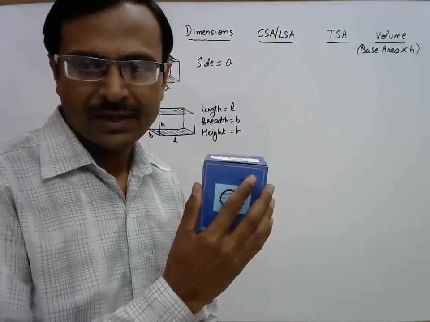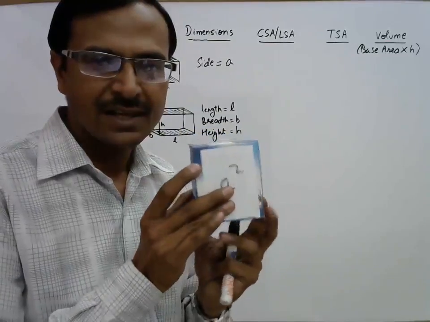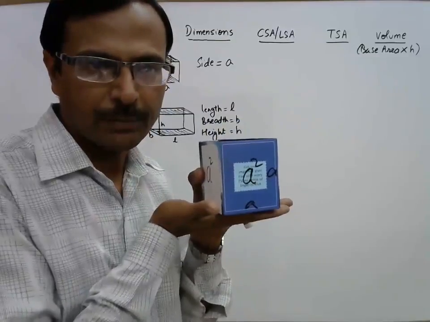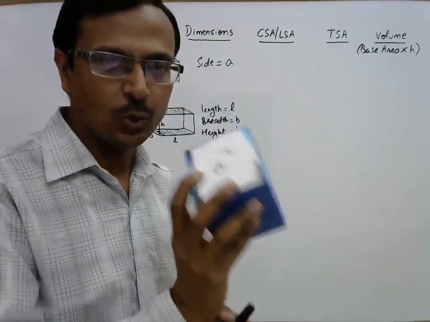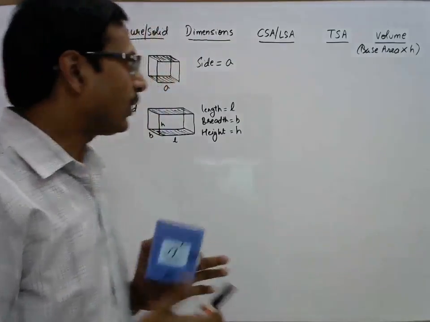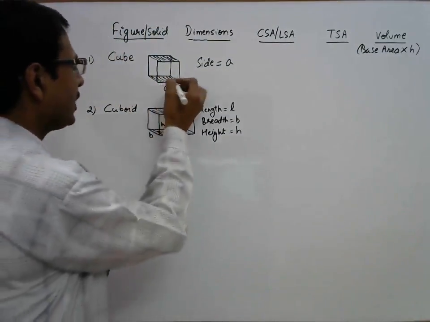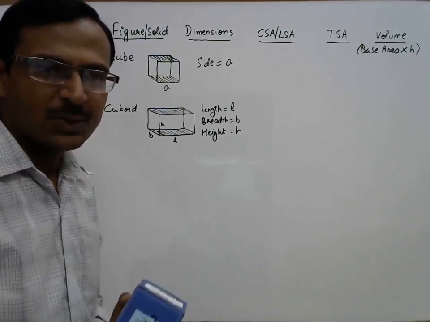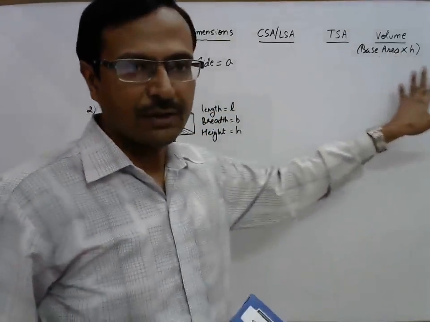So there are 6 squares, 4 on the sides and 1 at the top and 1 at the bottom. So these 6 faces make a cube. The only dimension of a cube is its side, which is denoted in the figure by the alphabet a. So if you know a, the side of the cube, then we can derive all the formulas.